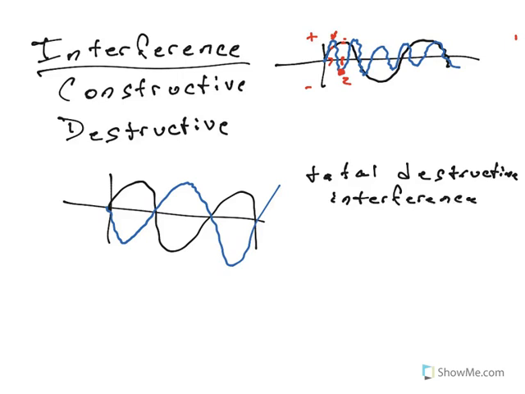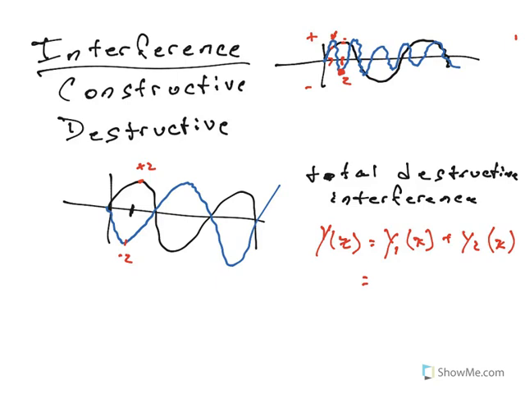What winds up happening is, let's say the value of the wave right here, maybe the black point is at +2 and the blue point is at -2. So when I add those two, y at this point x is y1 at this point x plus y2 at this point x.